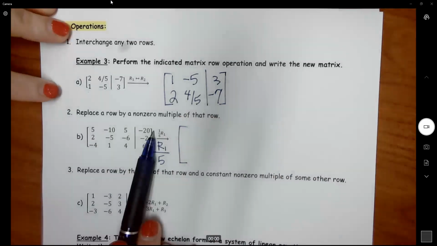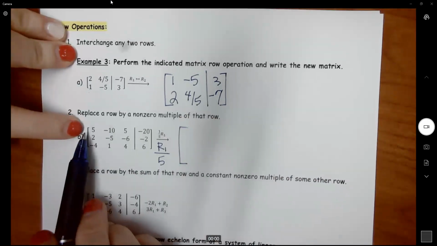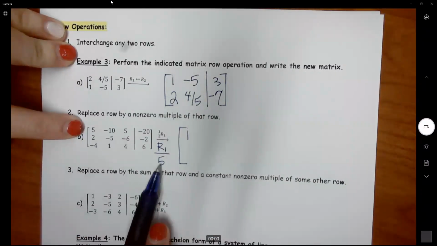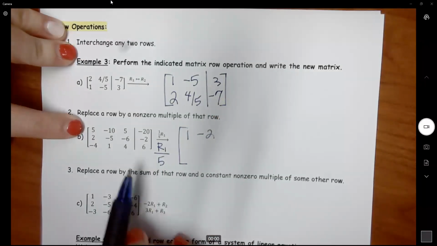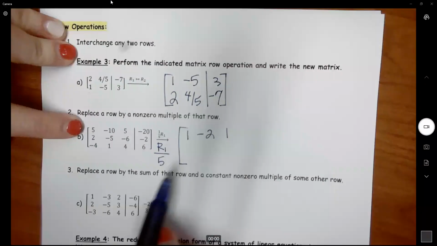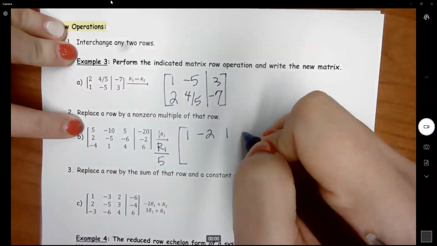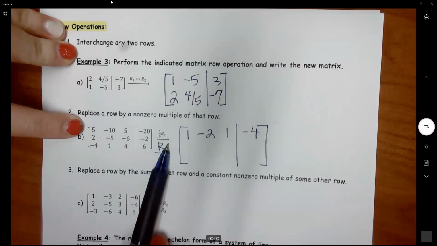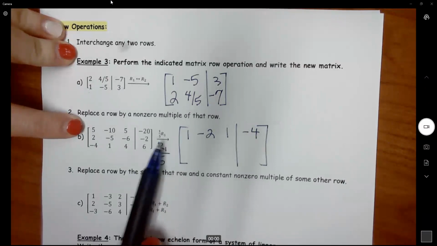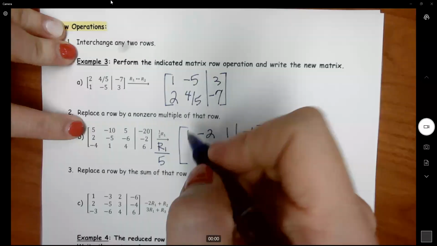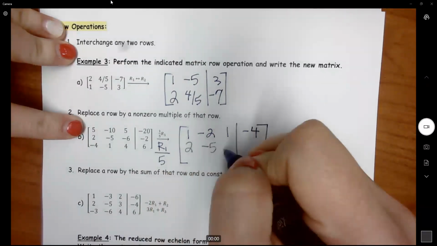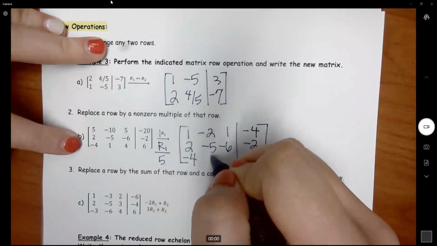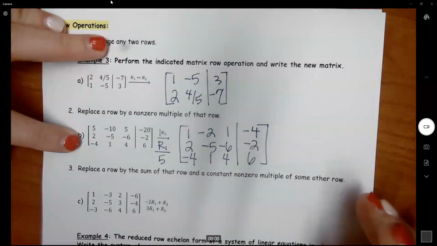So take row 1 and divide everything by 5. 5 divided by 5 is 1. -10 divided by 5 is -2. 5 divided by 5 is 1, and -20 divided by 5 is -4. I don't have any other instructions on what to do to row 2 and row 3, so those just carry over. Row 2 stays as 2, -5, -6, -2, and row 3 stays as -4, 1, 4, and 6.